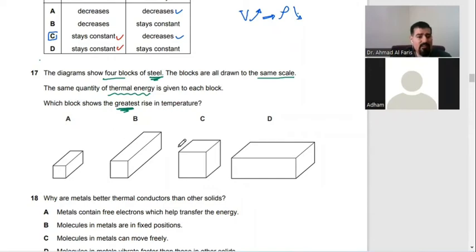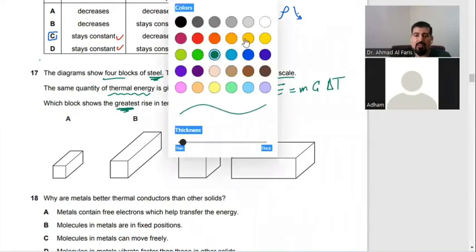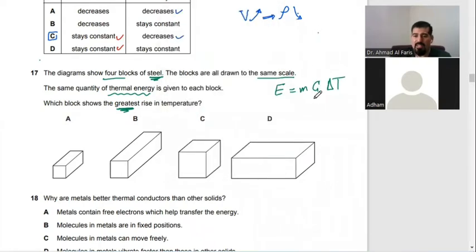Now, for the greatest rise in temperature, we know that according to the formula, energy equals m c delta T. They said that we are talking about steel, so we have the same specific heat capacity. And the same quantity of energy is given.